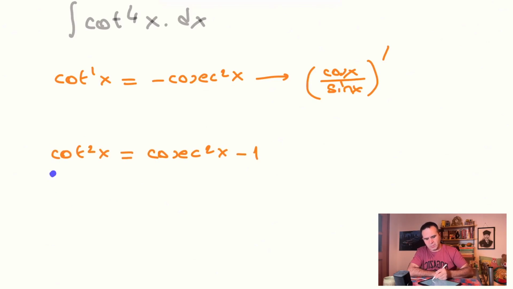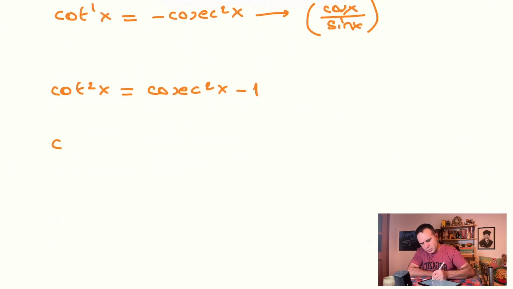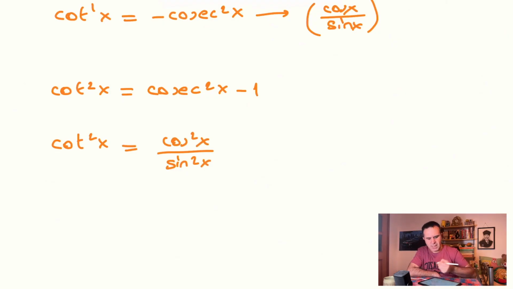Also, if you do not remember that cotangent square of x is equal to cosecant square of x minus 1, you should write cotangent square of x as cosine square of x divided by sine square of x. We know that cosine square of x plus sine square of x is equal to 1.